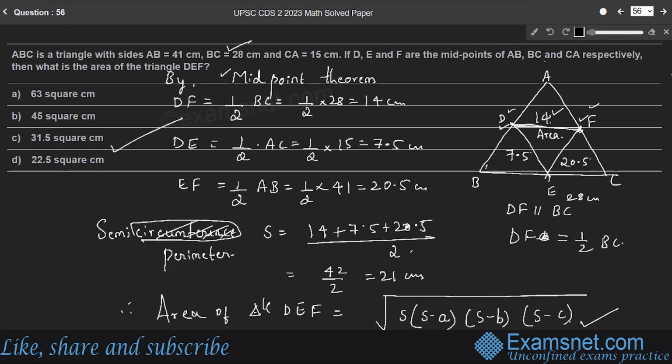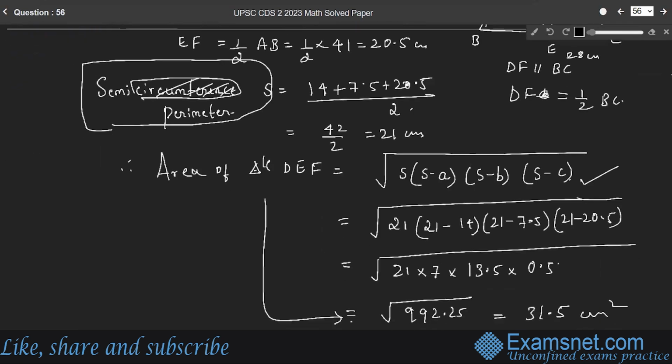Option C is the right answer, right? So in such type of questions, first we need to find the measure of the sides of the given triangle whose area is to be calculated. Using the sides, we have to find the semi-perimeter of the triangle DEF, right? Semi-perimeter is half of the perimeter of the triangle.